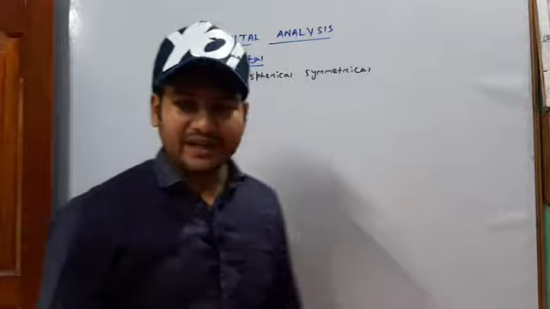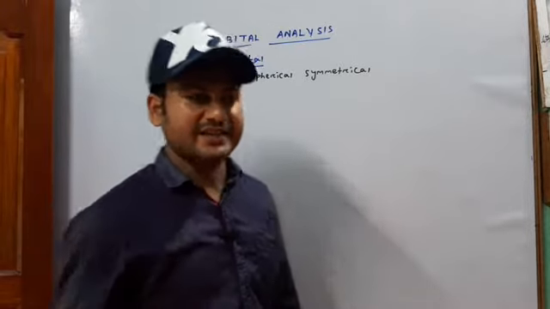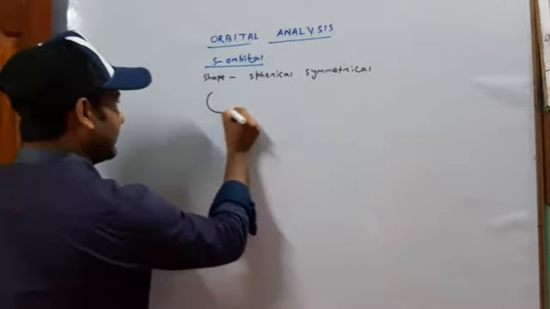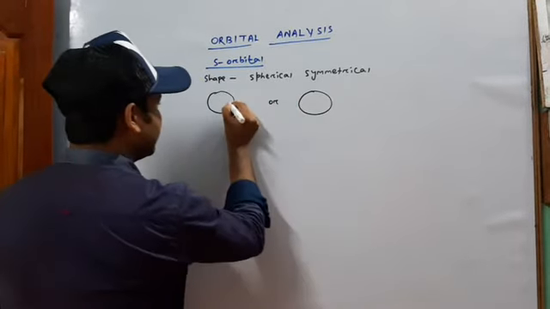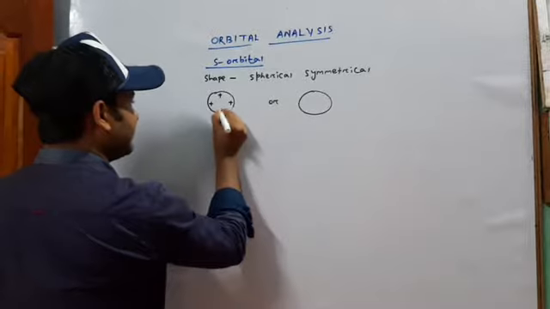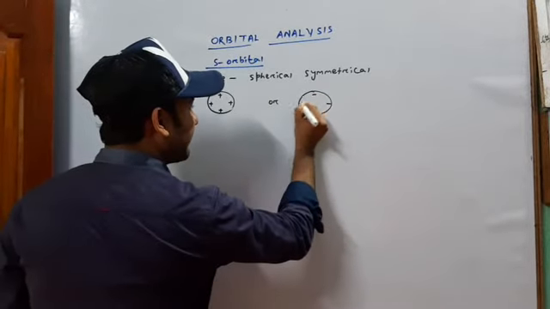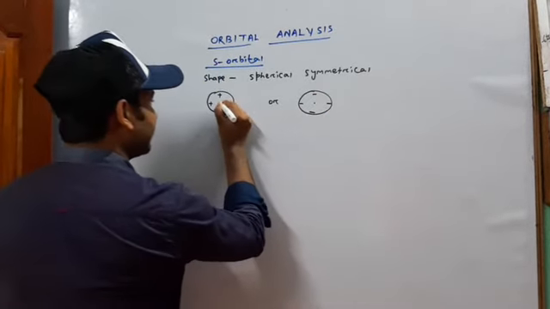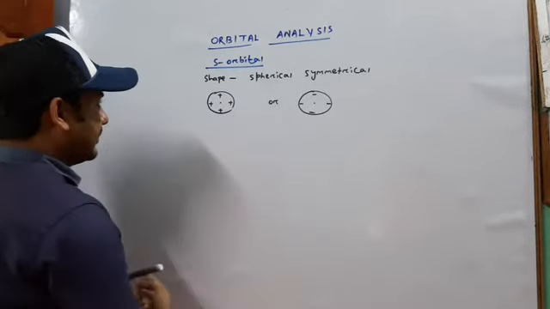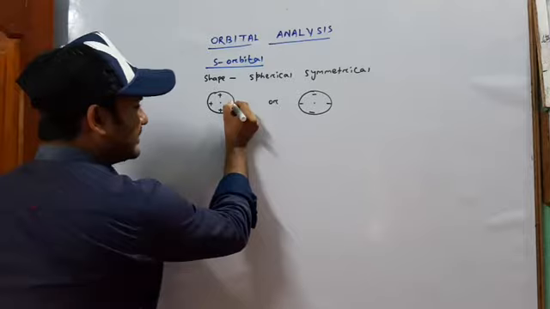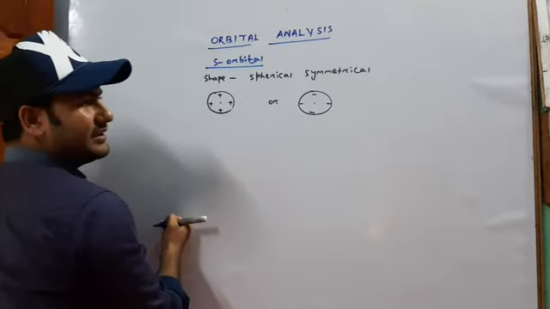And the s orbital is represented in two ways. In these two cases, look at the positive signs and negative signs.